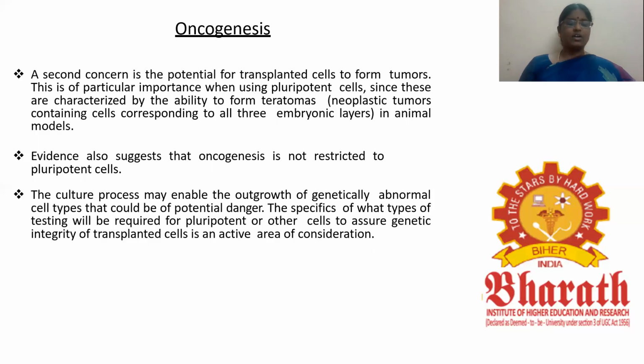Evidence also suggests that oncogenesis is not restricted to pluripotent cells. So the culture process may enable the outgrowth of genetically abnormal cell types, which could be a potential danger. So assuring the genetic integrity of transplanted cells is an active area of consideration.